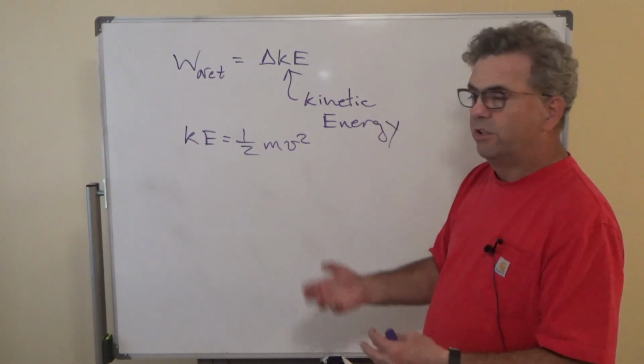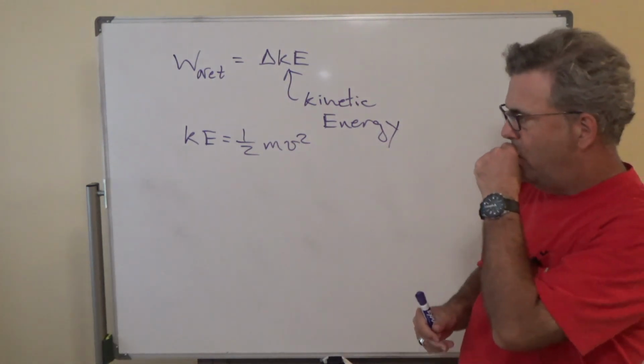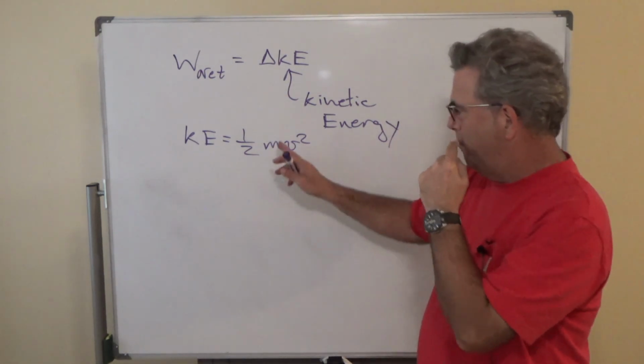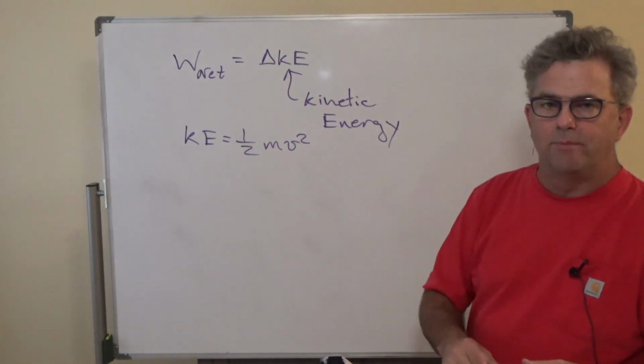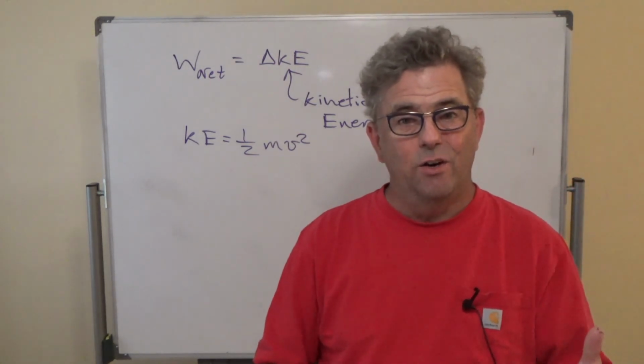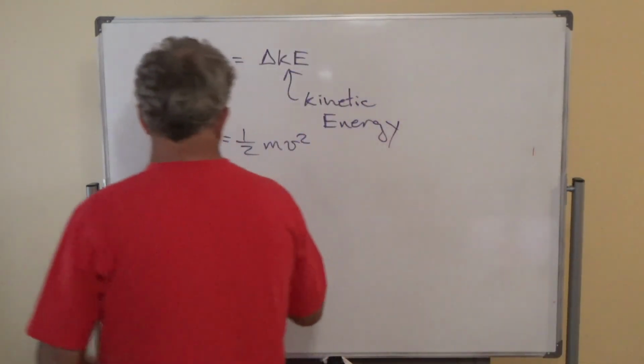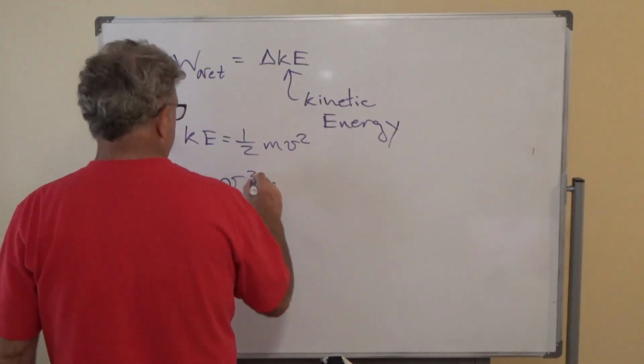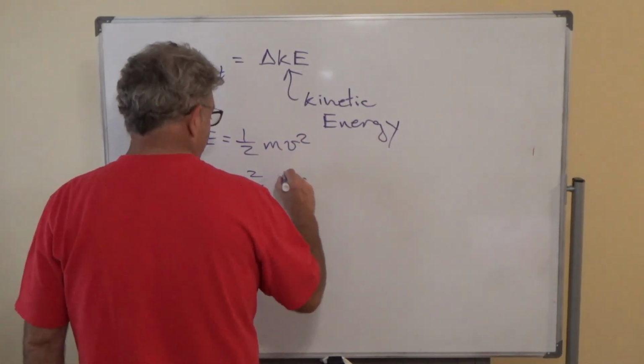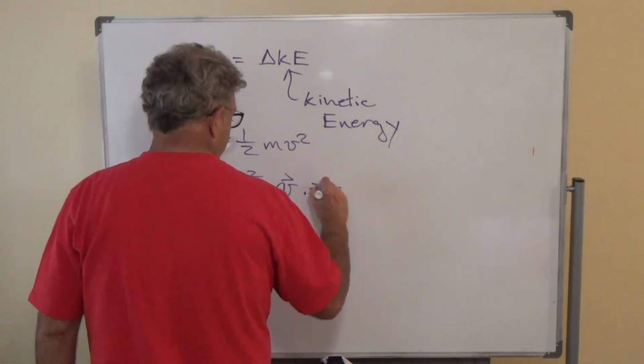The kinetic energy, this energy of motion, depends on the mass and the velocity of the object. It is a scalar. Even though velocity is here, v squared means v dot v.